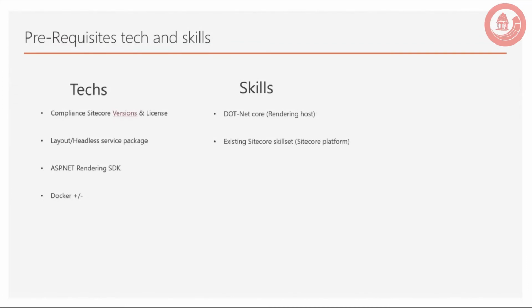That communication and the data flowing from the services are usually called the layout and headless services. This is also a separate package we have to install in our Sitecore XP, and only then can we consume those services. I will show you during the demo.